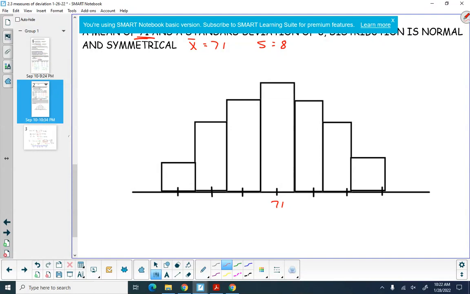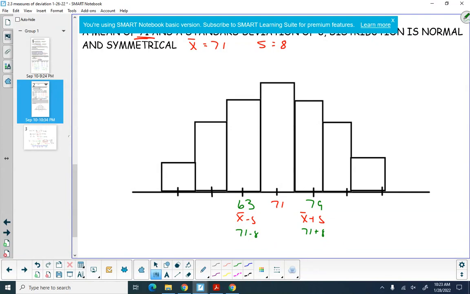Now, if we take our mean and add one standard deviation, and take our mean and subtract the one standard deviation, we have 71 minus 8 and 71 plus 8. So we are at 63 and 79.